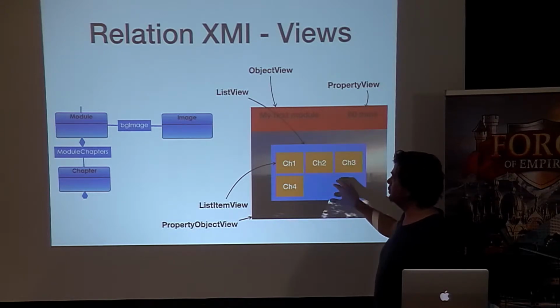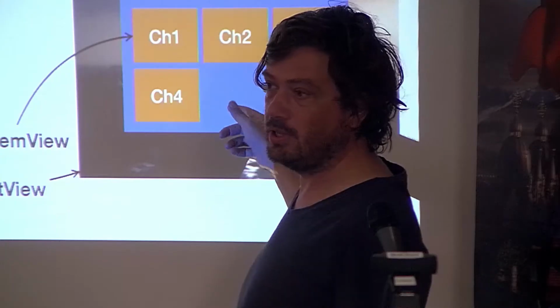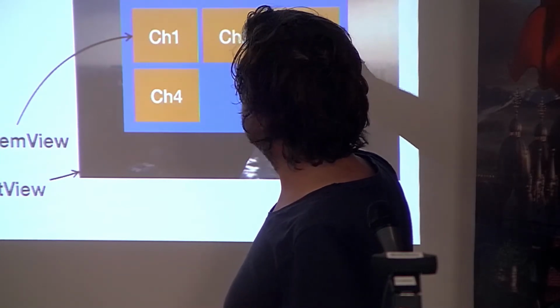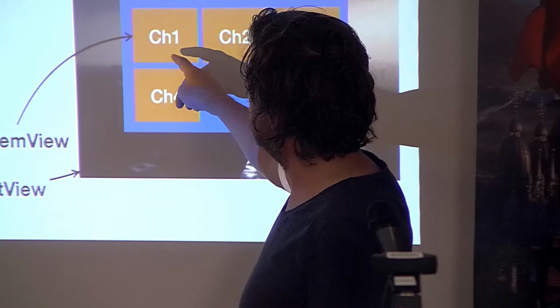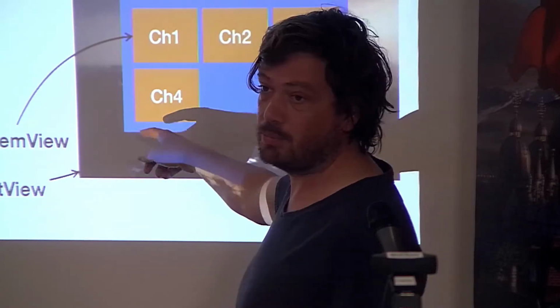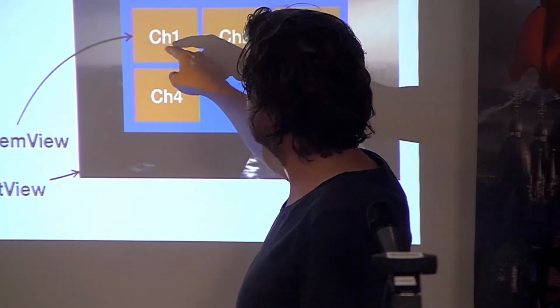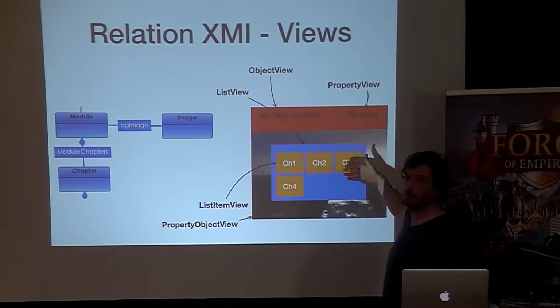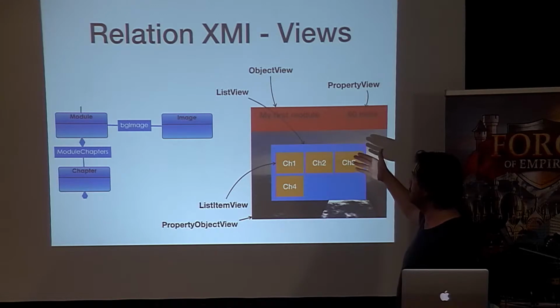So part of the module view is a list view, namely the view of a list of the chapters, and those are list item views that are chapters. And in fact, when you click on a chapter, the module view will go away, and there will be an object view for the chapter view.